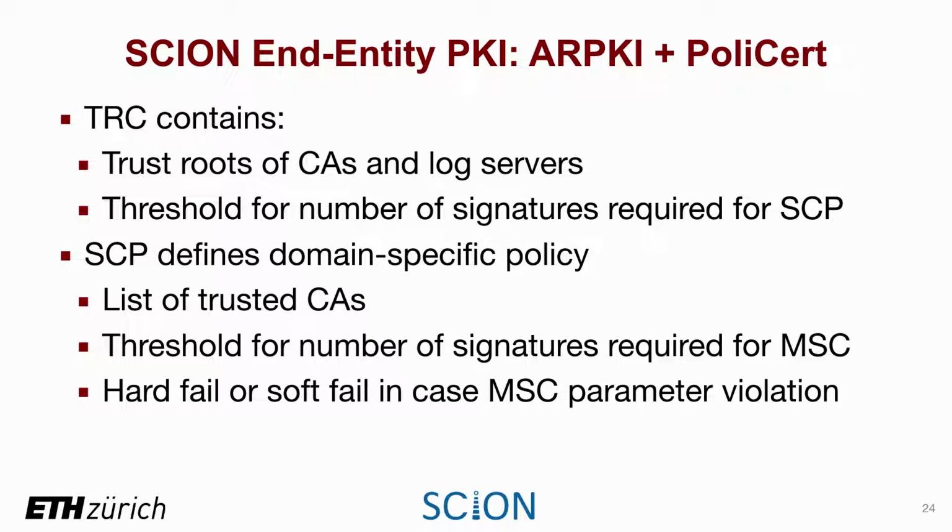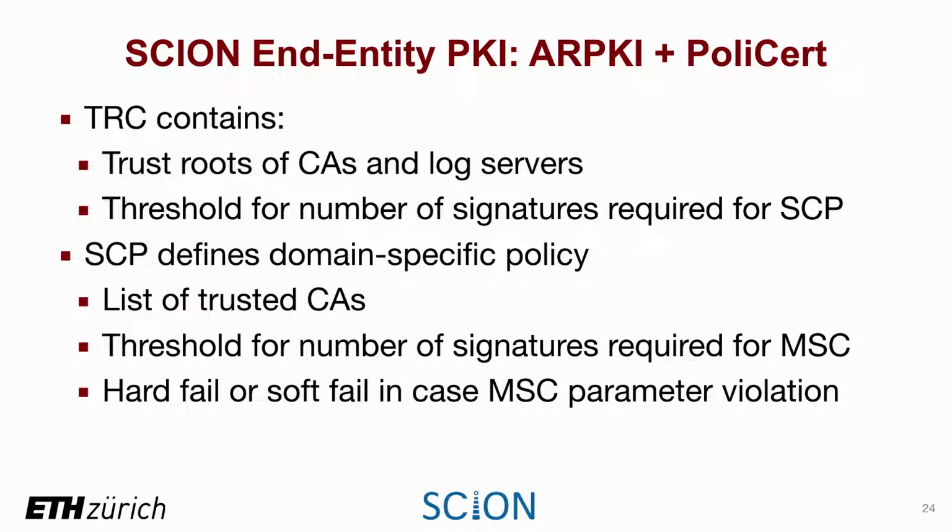So in the SCION end-entity PKI, the TRC contains the trust root of CAs and log servers, as we've seen earlier in this video. It also contains a parameter that can be selected by each isolation domain, which represents a threshold of different signatures that are required to create an SCP.